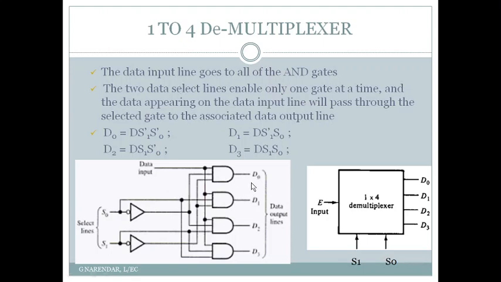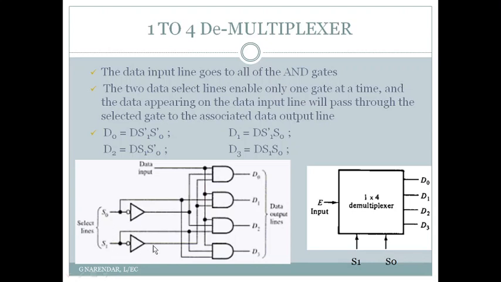So here I can see that some of my outputs require the selection inputs to be present in complemented form. Since my selection inputs are available in original form, I use two NOT gates to obtain the complemented form of the selection inputs S1 and S0.